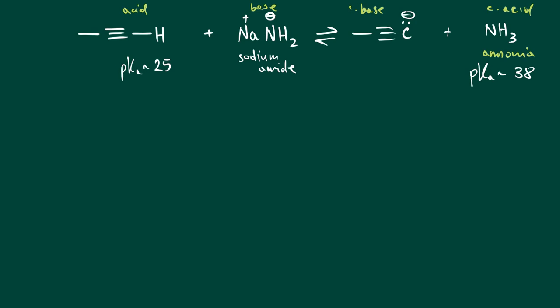So now, with a 13 unit pKa difference, we have this equilibrium heavily favored to the right. Does it favor the higher pKa? Yes, the higher the pKa, the weaker the acid, and equilibrium always favors the weaker acid. So it'll favor the formation of ammonia.